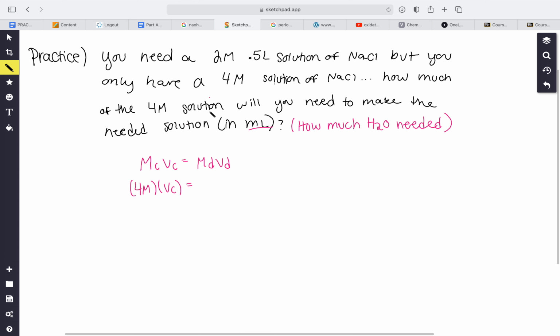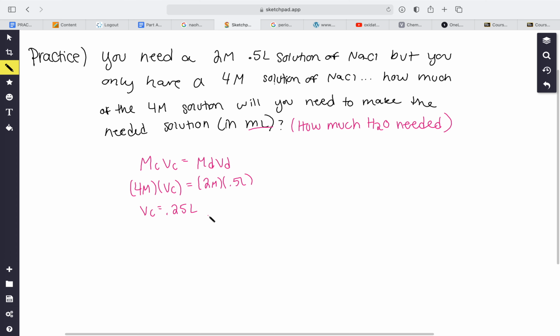How much? Okay, so MD is going to be 2 moles. VD is going to be 0.5 liters. So we're going to do the same thing. We're doing the basic algebra. I'm not going to do out the whole thing. But I get that VC is equal to 0.25 liters. Again, we want this to be in milliliters, right?